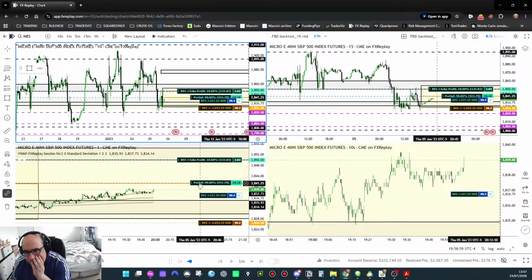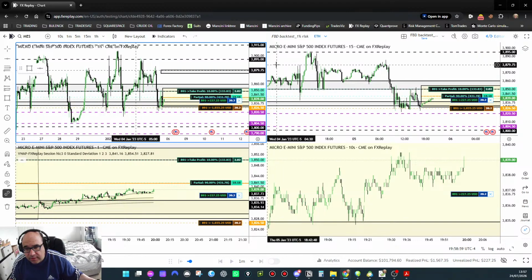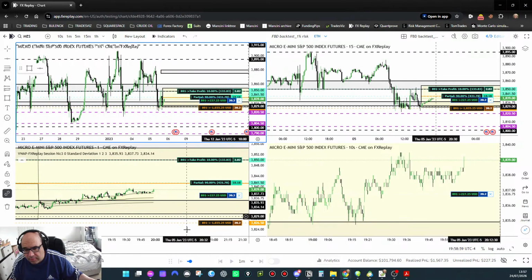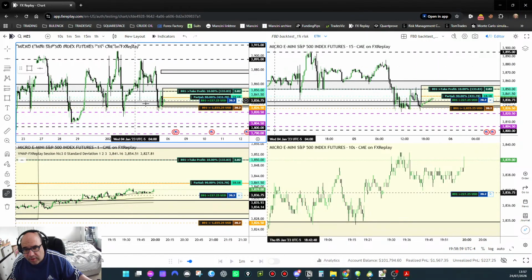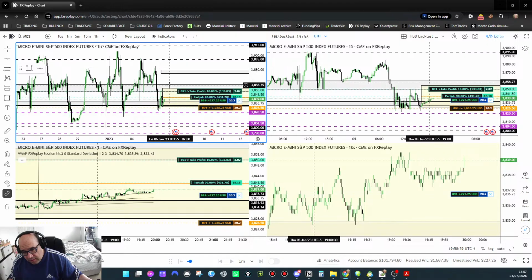I'm just gonna pause it for a bit to take one of my own screenshots, just in case something happens. So, the levels. Okay, now I'm gonna continue. Just bear in mind, there was a kind of level reclaim, more like a fair breakdown in this zone.